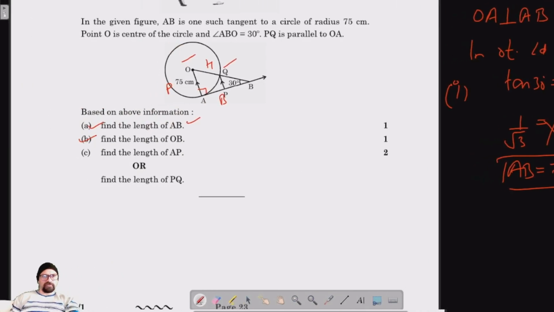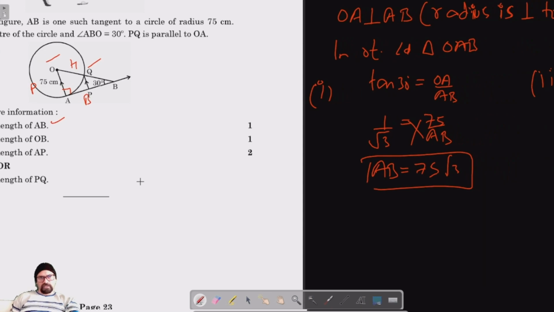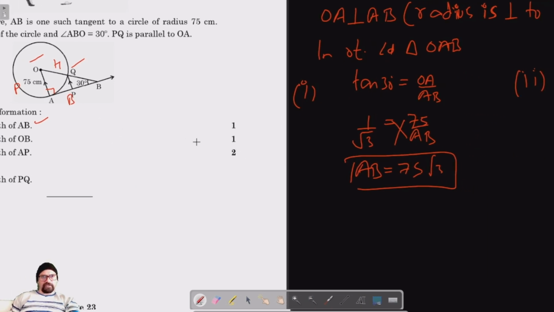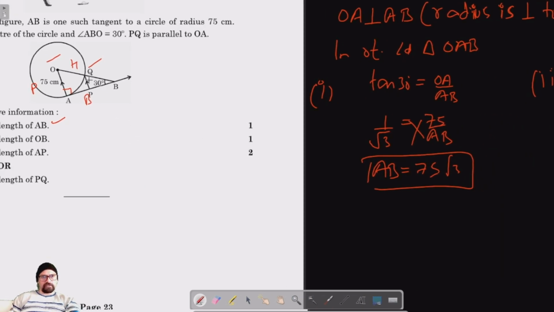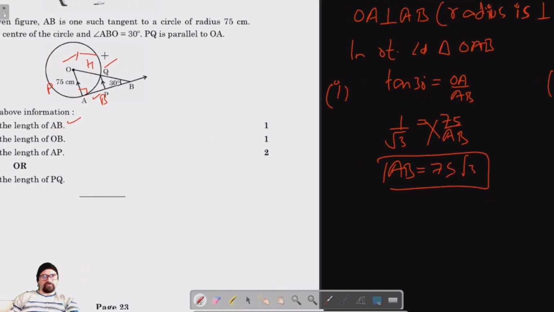So we are done with the first and the second, and now we have to find the length of AP. We have found OB, which is 150 centimeter, and we know OQ is a radius, so it's 75.